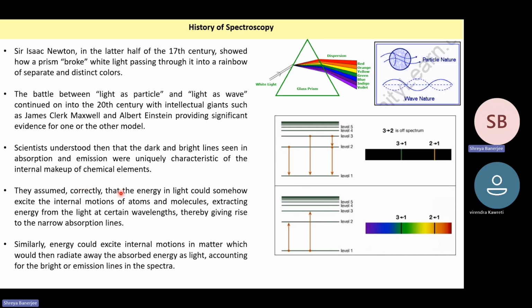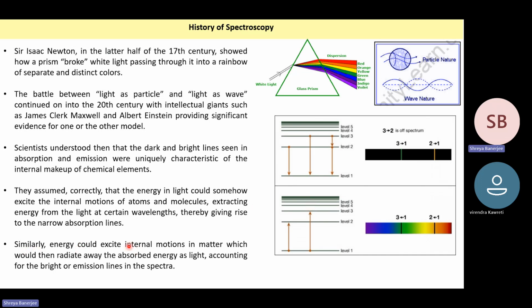So scientists had understood at that time that the energy in light is somehow exciting the internal motion of atoms and molecules, extracting energy from the light at certain wavelengths, giving rise to these lines. So basically the atoms or molecules are getting excited by light at particular wavelengths, and they are going to higher energy levels.